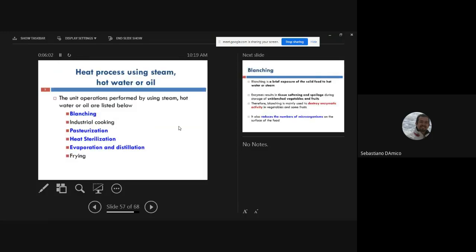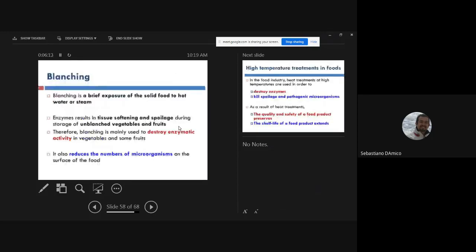So, heat processes using steam, hot water, or oil. There are several of those: blanching, pasteurization, heat treatments, and so on. We will see some of those. In this particular case, blanching is a brief exposure of solid food to hot water or steam. Enzymes result in tissue softening and spoilage during storage of unblanched vegetables and fruit.